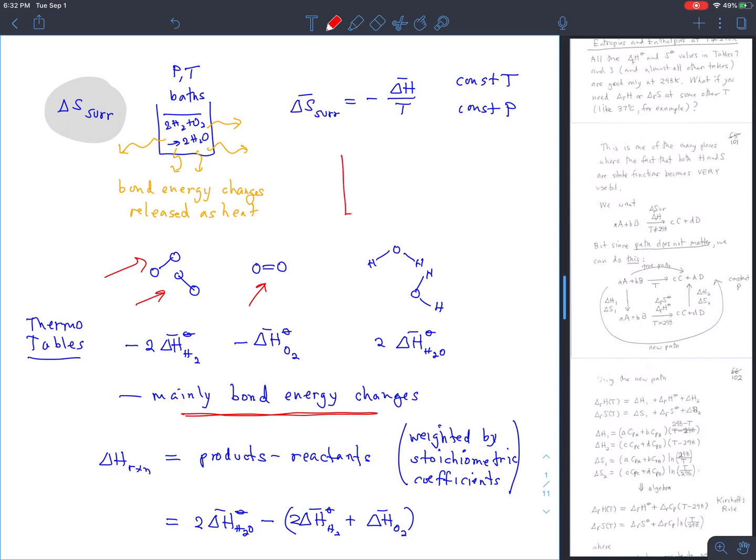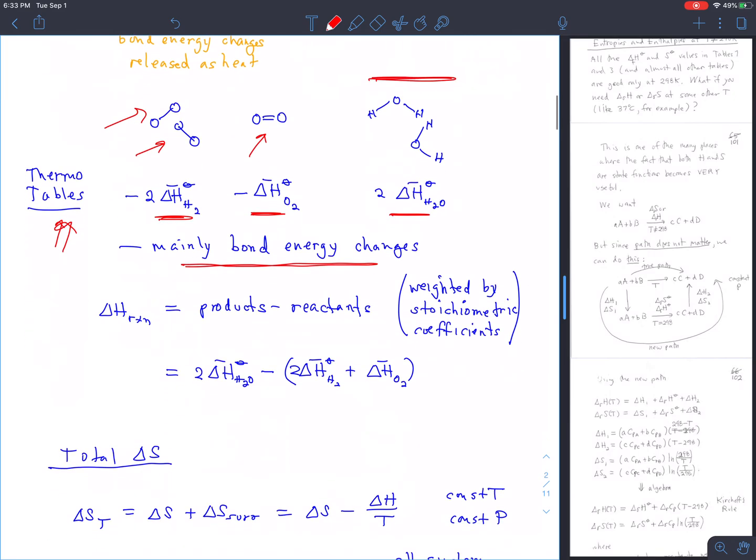If those were the only energies, we'd have to be putting energy in from the surroundings, not losing energy out to the surroundings. So those are unfavorable contributions to the overall chemical reaction. But we're going to gain 4 HO bonds on the other side. All those bond energies or enthalpies are represented by, again, numbers from the thermodynamic tables. We'll talk more about these numbers from the tables in just a second, because they do need some commenting.